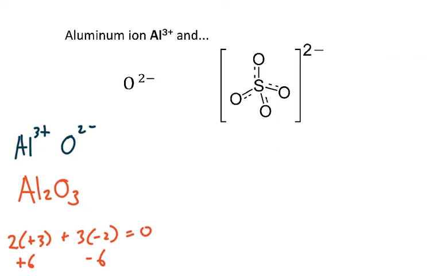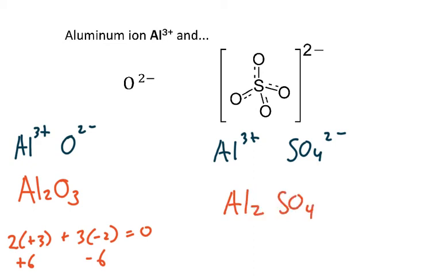And for sulfate, we know the pattern. We are going to want 2 aluminum, and we're going to want 3 sulfates. So what should we do here? Well, we can't just put a 3, because then it looks like SO43, and that is very different, right?